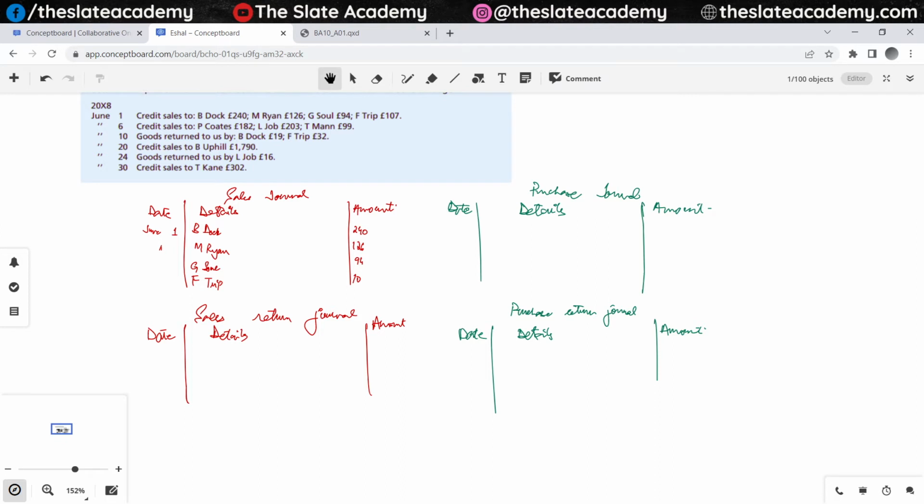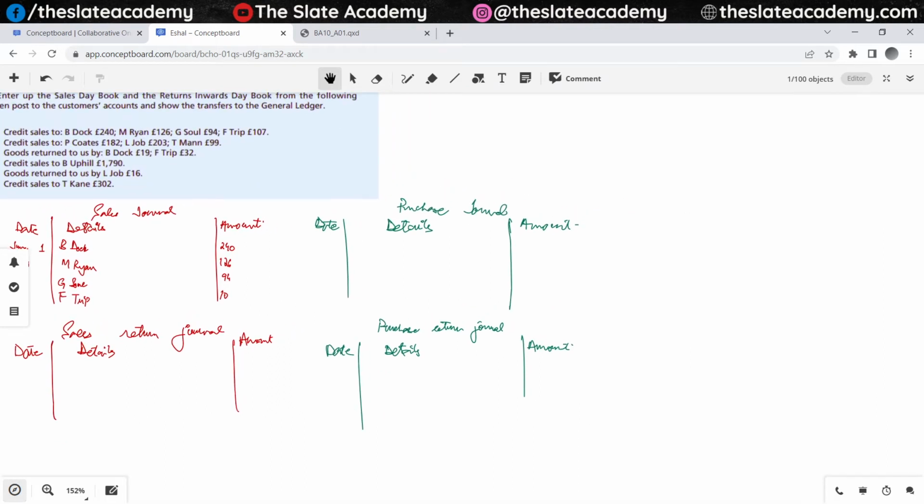Then the other thing that I have is sales ledger, and in sales ledger we have discussed that we have got accounts, or T accounts, of all the debtors, right? So I write over here sales ledger, and within it I write the T accounts, first of all of B Doc. ठीक है जी, on June 1 I have sales, how much? 240.